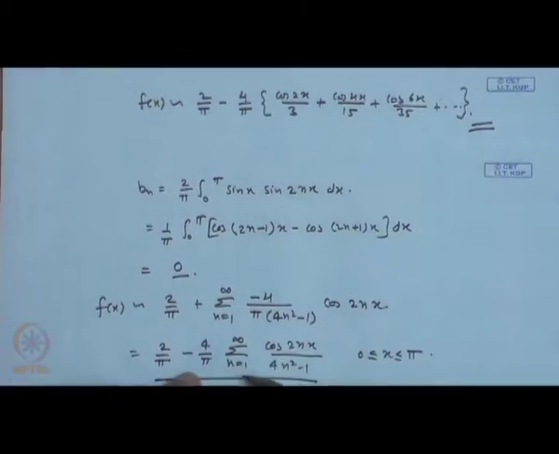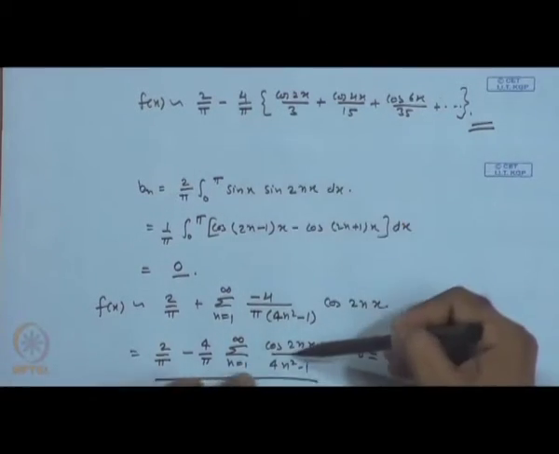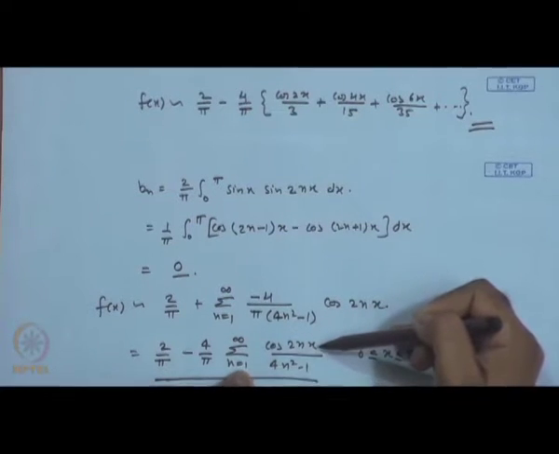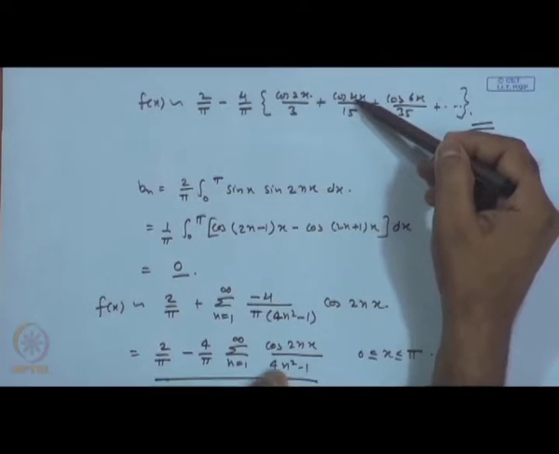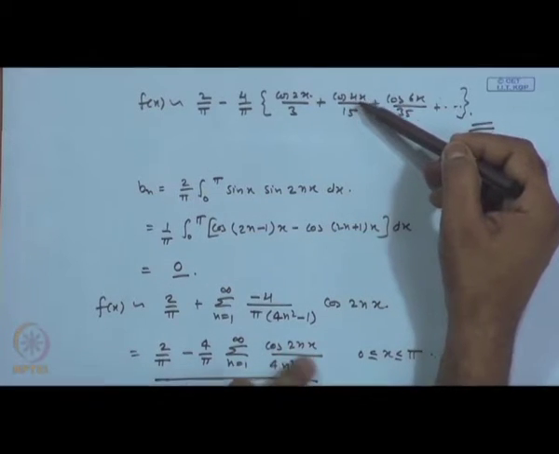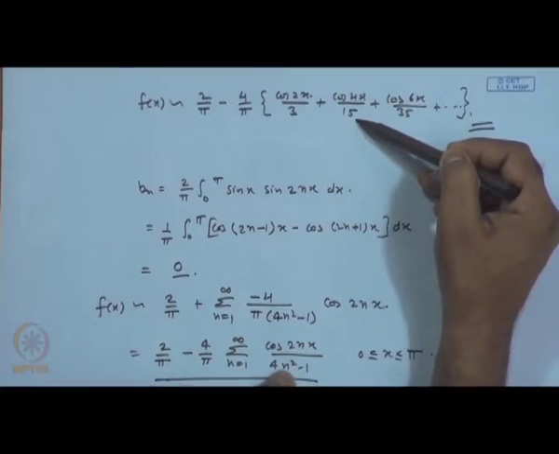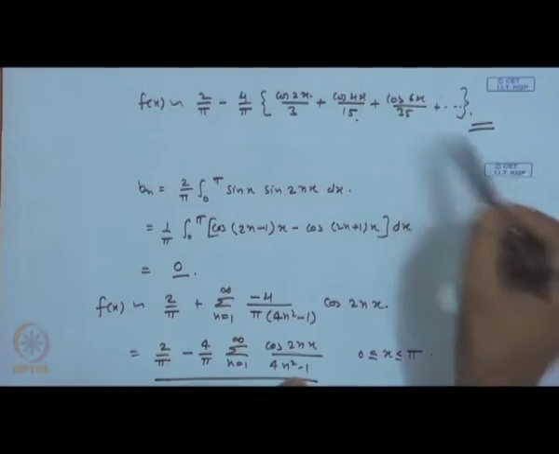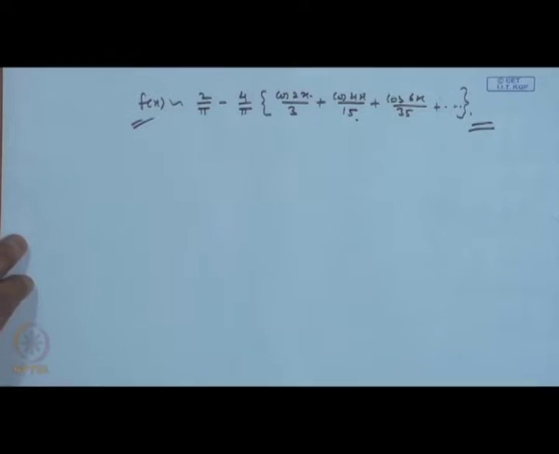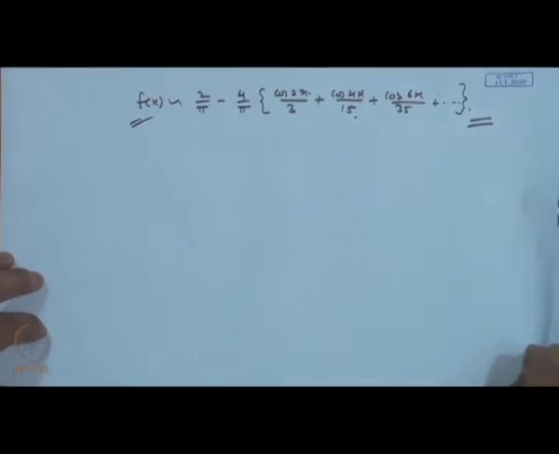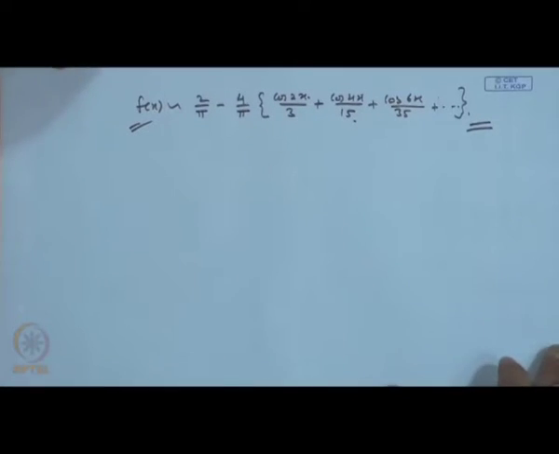It is just if we expand this, minus 4 over pi will come, and then we have n is equal to 1, so cos 2 x over 3, then the second term we have n is equal to 2, so cos 4 x over 16 minus 1, 15, and so on. So, it is the same Fourier series what we get here. So, here what we have seen is that we can work with any general interval, not always the symmetric interval.